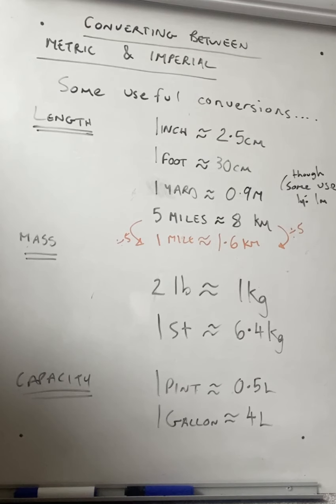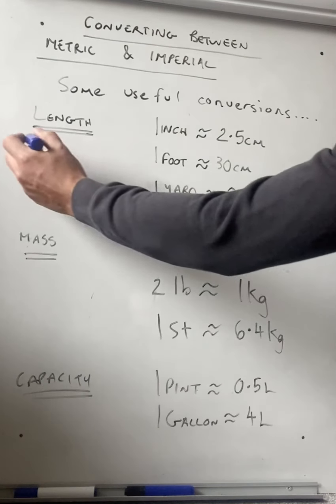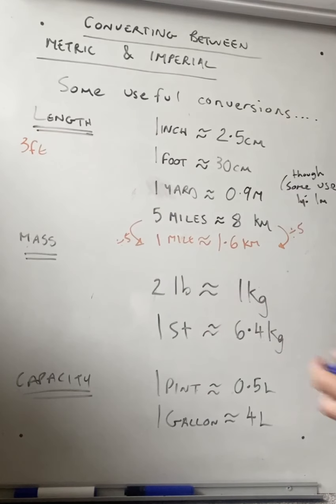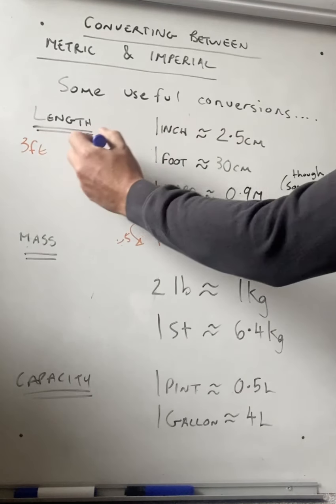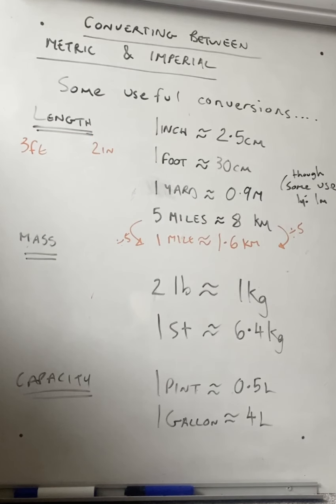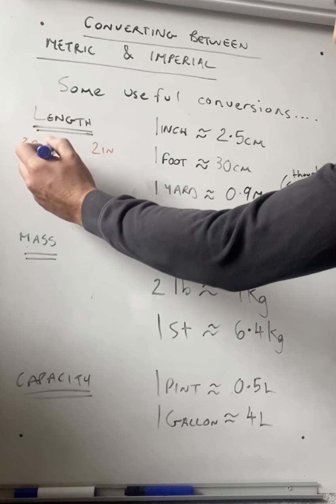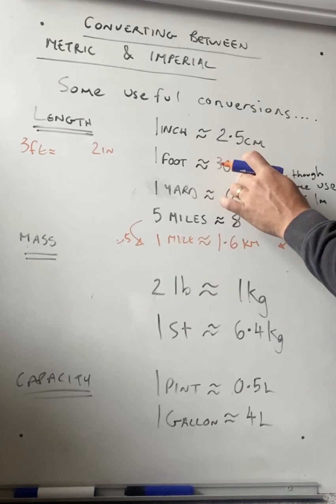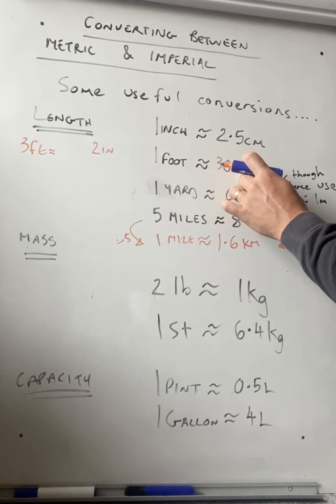So let's just say you wanted to convert 3 foot and 2 inches into centimetres. First of all, I'm going to write a statement about 3 foot being approximately equal to, well, 1 foot was approximately equal to 30 centimetres.